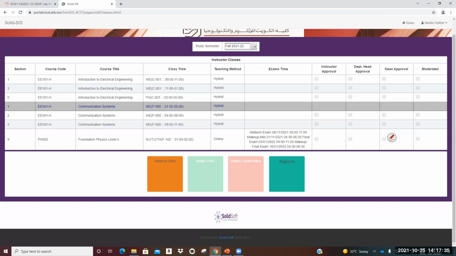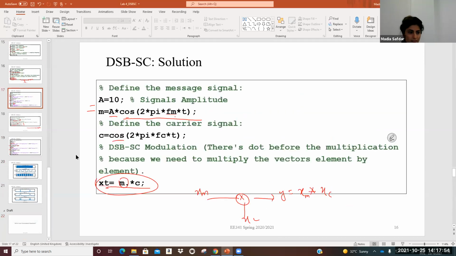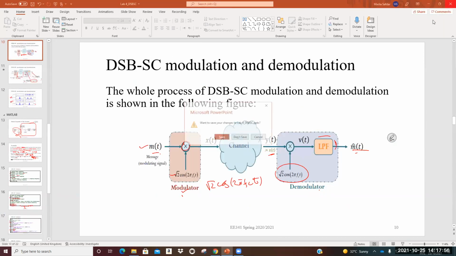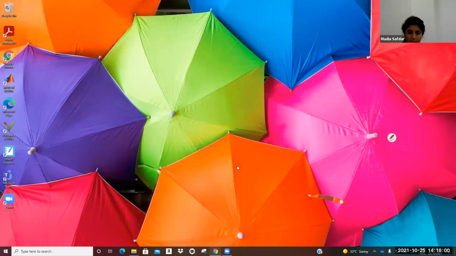I have a question in the assessment. Show me where. It will be almost the same because the question is almost the same.